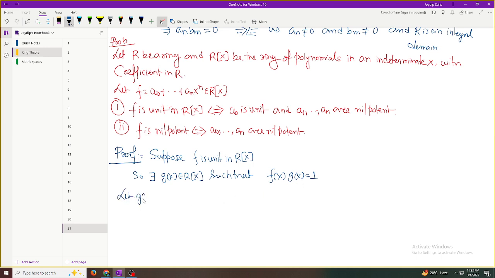Let g(x) equals b0 plus and so on up to b_m x to the power m.